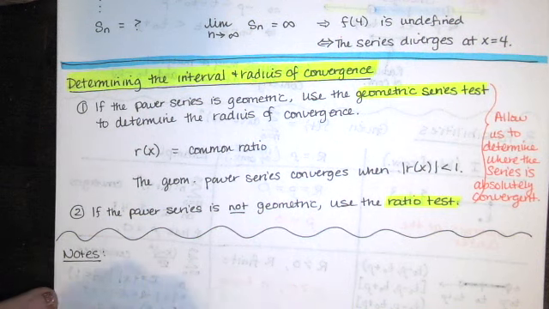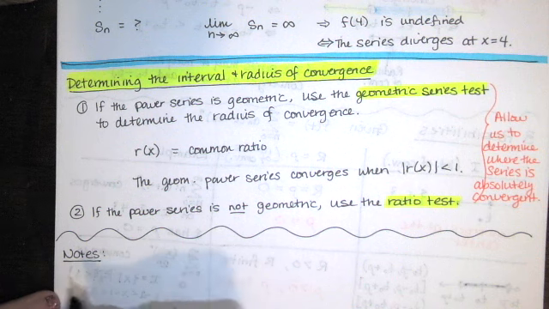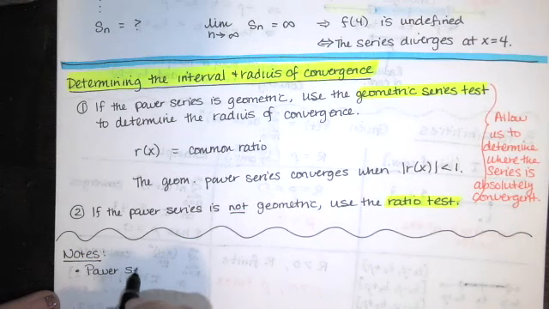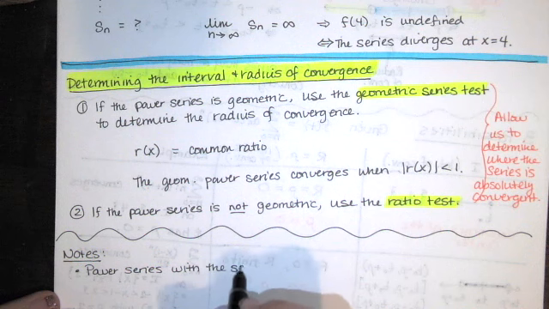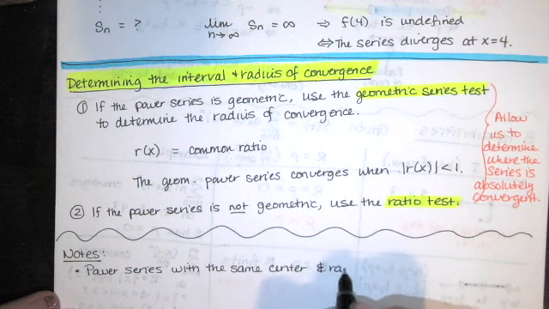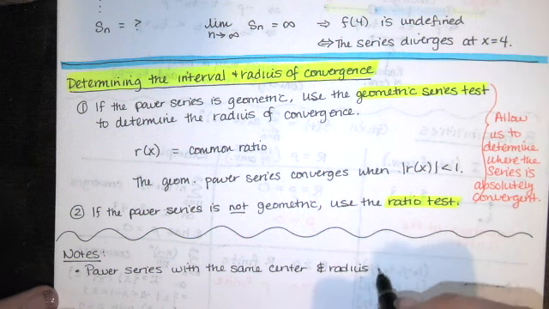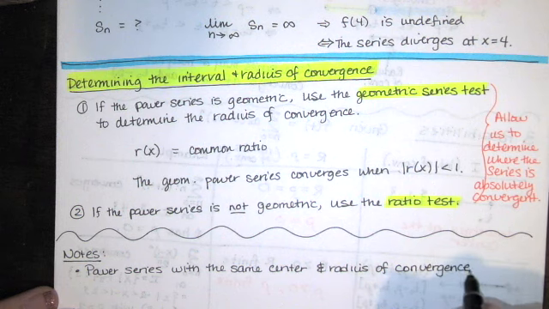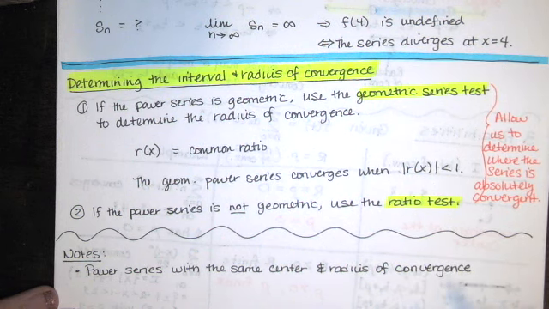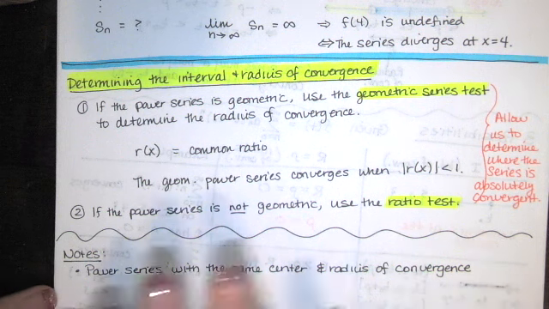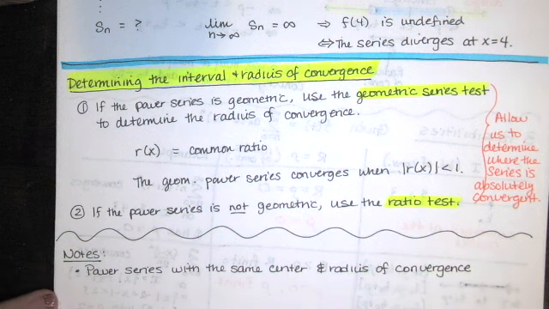If you have power series with the same center and radius of convergence, those power series can be added, subtracted, multiplied, and differentiated term by term, and the result will always be a series with the same radius of convergence.